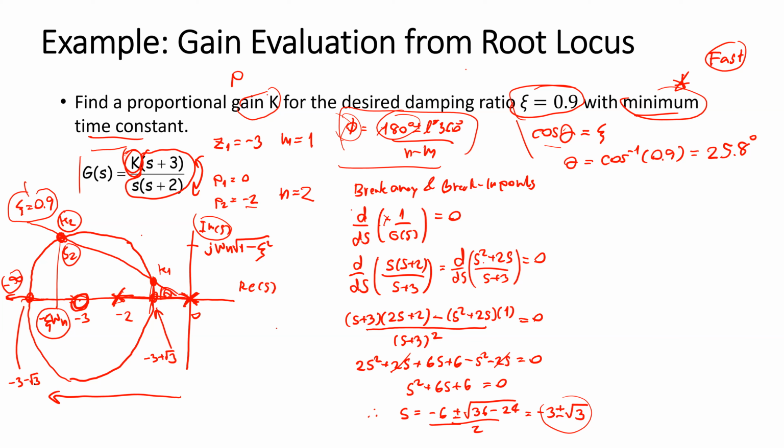It seems like we have a circle with the radius of 0.3, a circle with the radius of 0.3, and the center of the circle is at -3.